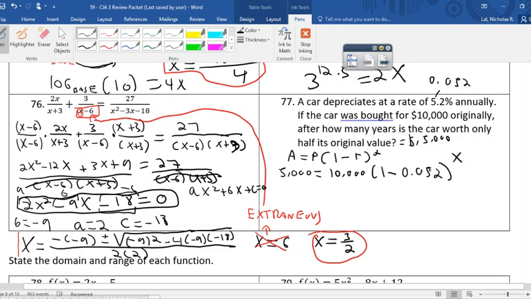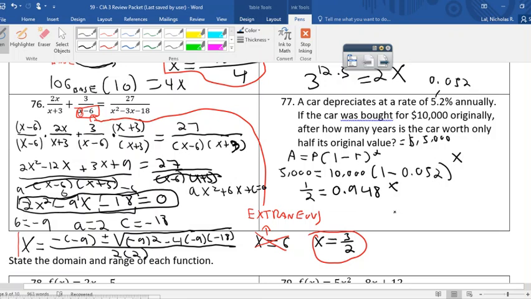Divide 5,000 by 10,000 and you will get 1/2 equals 1 minus 0.052, which in a calculator gives 0.948, to the x power.